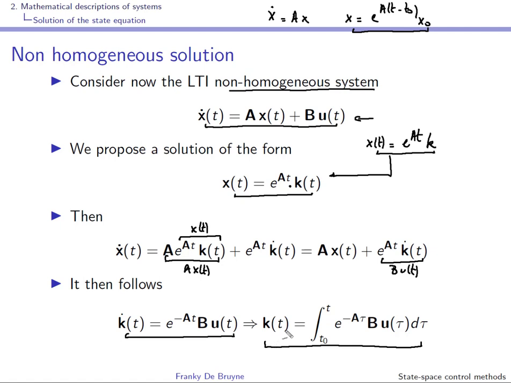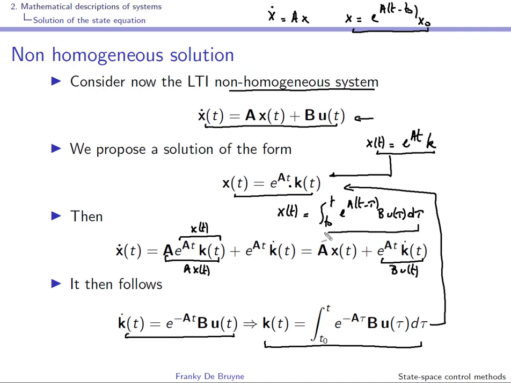and we can obtain k as follows by integration. Okay, so if we plug this in here, we'll have x of t is equal to the integral from t0 to t. Okay, this one we can bring into the integral because we integrate with respect to tau. So we'll have the exponential of A(t minus tau) B u(tau) d tau.